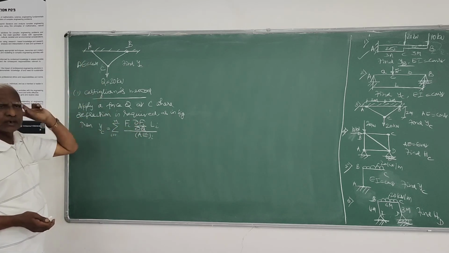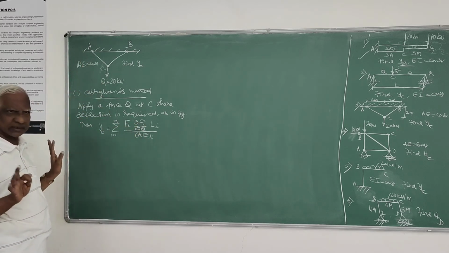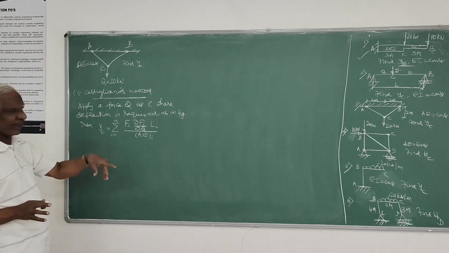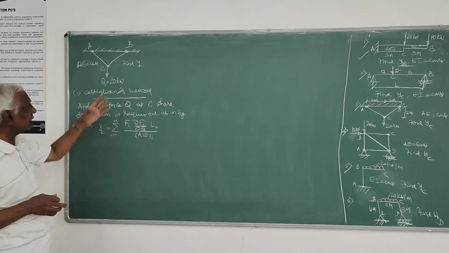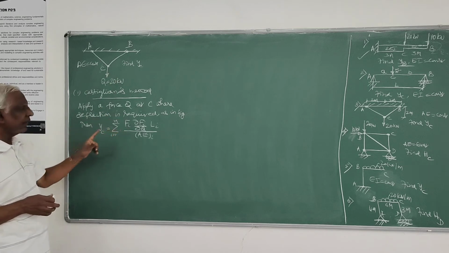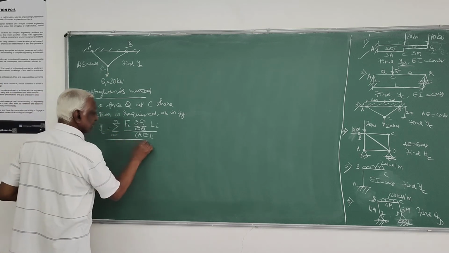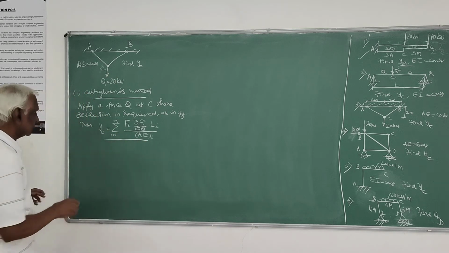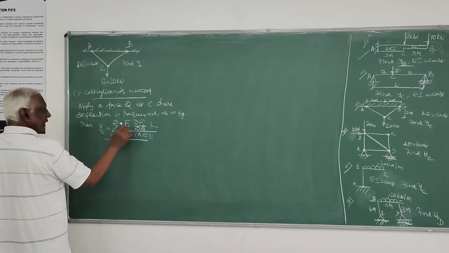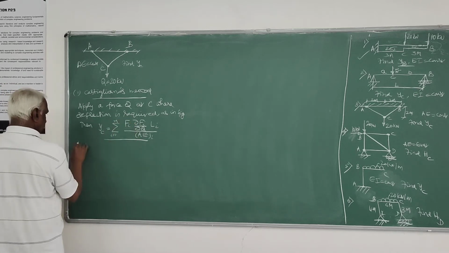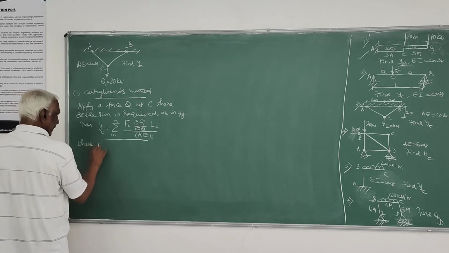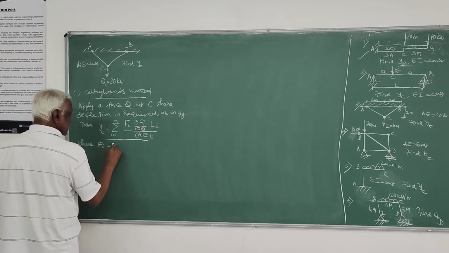That force we have to differentiate partially. That's all the change we have from the other members. Because this is axially loaded, we have to use this equation. That's the only change.